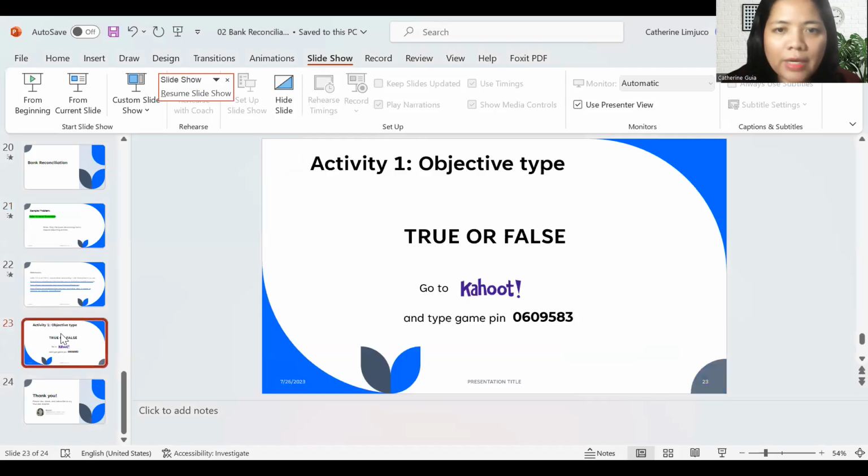Just like what you did last time, we have an objective type activity again in Kahoot, and you type your game pin here. And I suggest that you use your surname so I can easily track and determine who answered this true or false, especially my students.